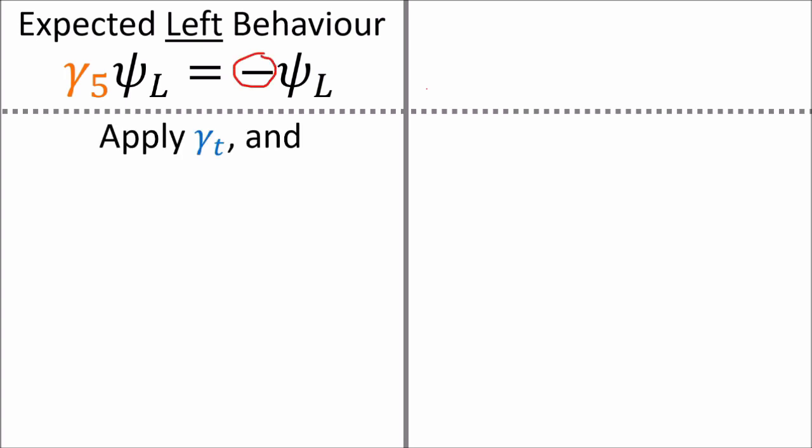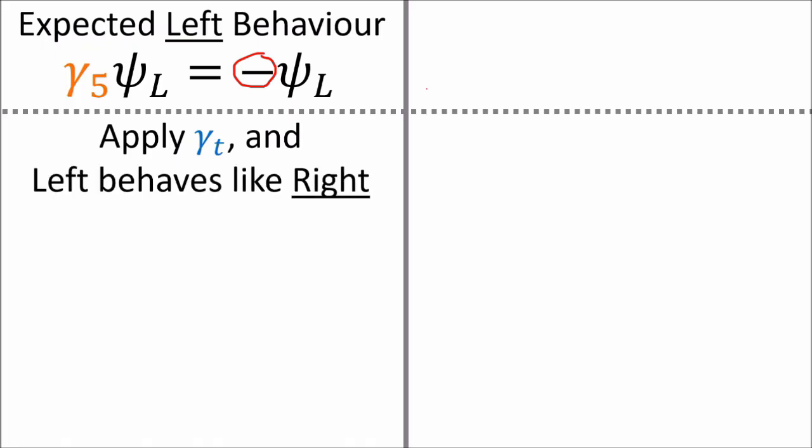Now, I want to talk a little more about what this gamma t does to Dirac spinors. We know that if we have a left chiral spinor, its eigenvalue under gamma 5 is -1. However, if we apply gamma t to this left chiral spinor, it behaves more like a right chiral spinor.